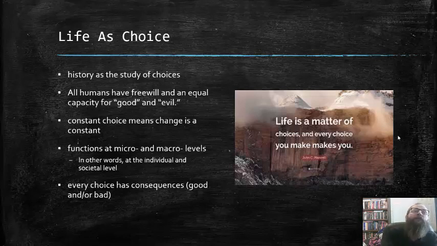Each individual human makes daily choices, and societies also collectively make choices on a daily basis. Now, every single choice that we make has consequences. Some good, some bad. And it's often hard to discern what consequences will come out of the choices that human beings make.